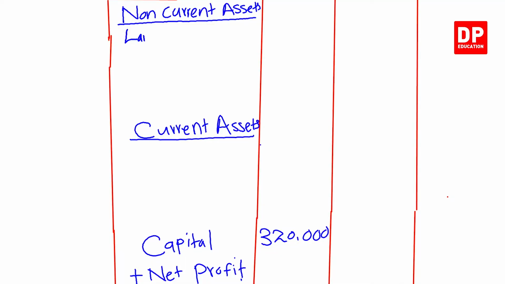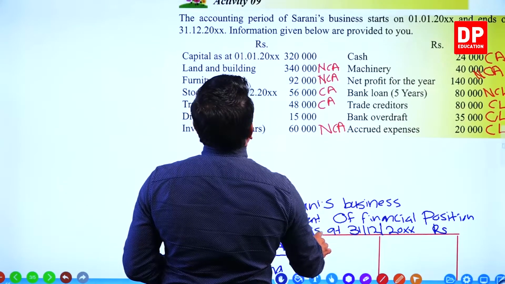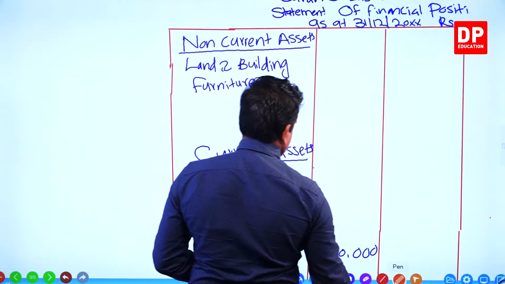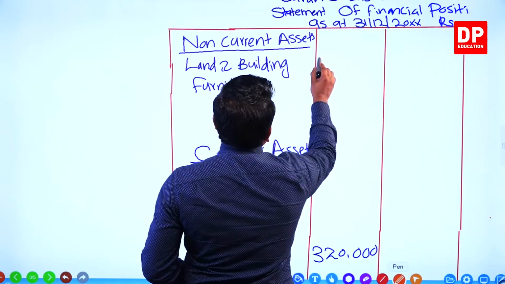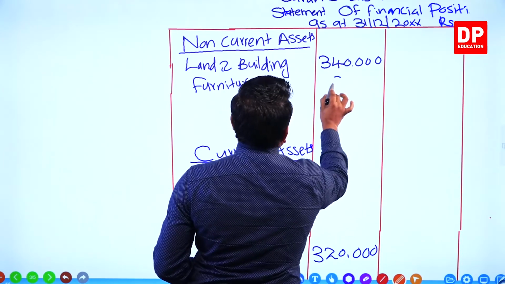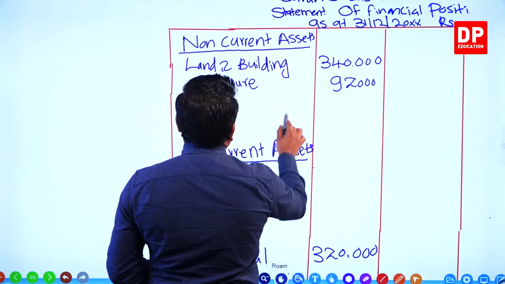Land and building, the other one furniture. See the values. Land and building how much? 340, furniture 92. $340,000. The other one how much? 92,000. Okay. Now see the next details.